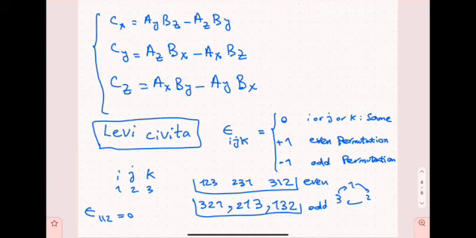And it turns out that this Levi-Civita notation helps us a lot in simplifying this cross product.